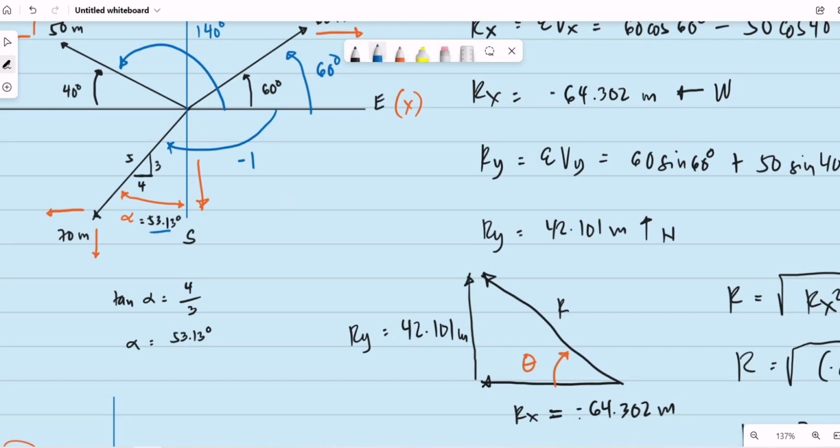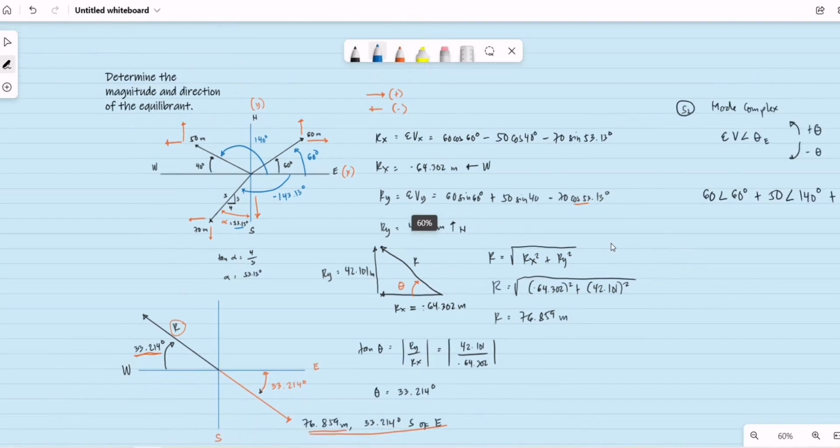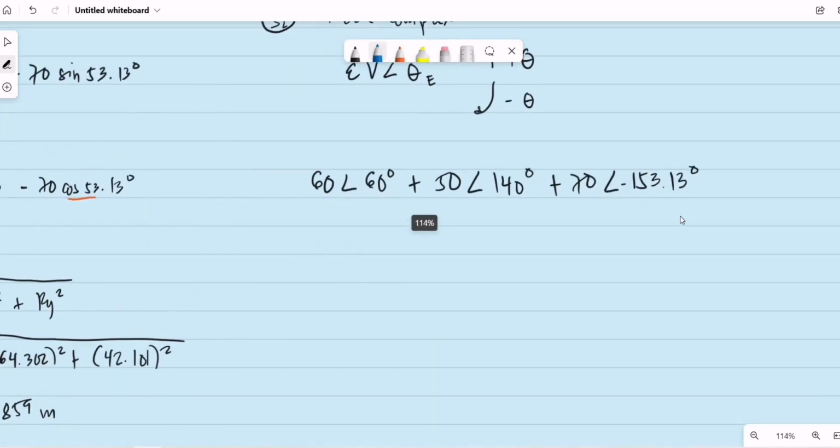So correction on that. We have only 143.13 degrees. So again, correction, it should be only 143.13 degrees. Again, we go back to our calculator.